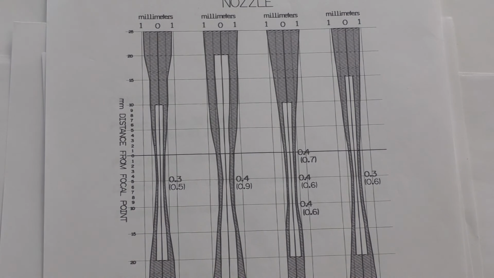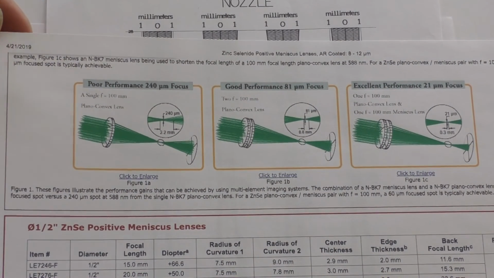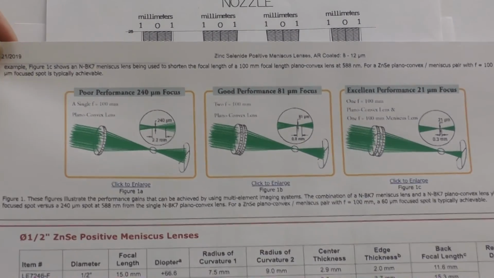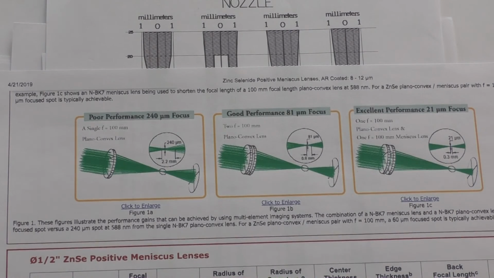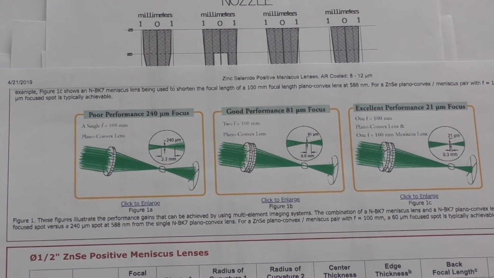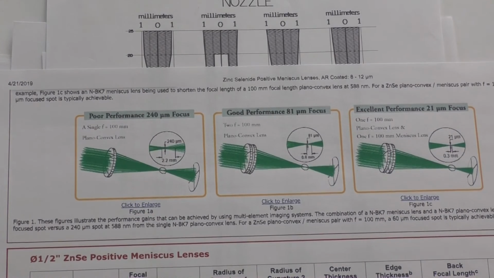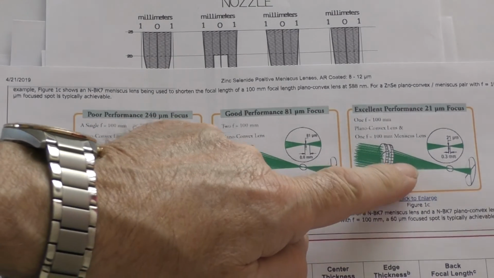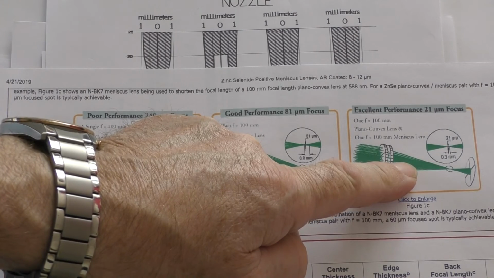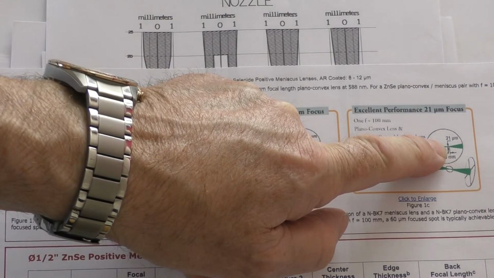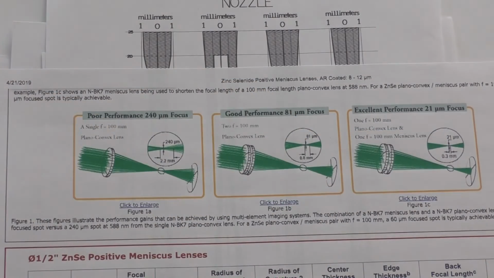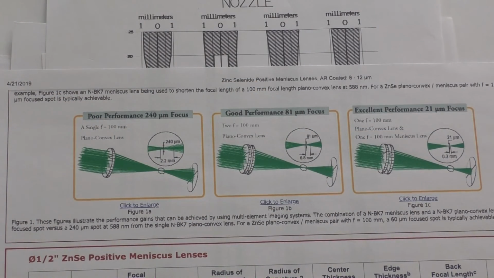Now, as I was hunting through some technical brochures, this particular company here, which is Thorlabs, a very creditable optical company, I came across this very interesting picture that made me very, very excited, particularly when I looked at this picture here and I saw a spot size of 21 microns, 0.02 millimeters.